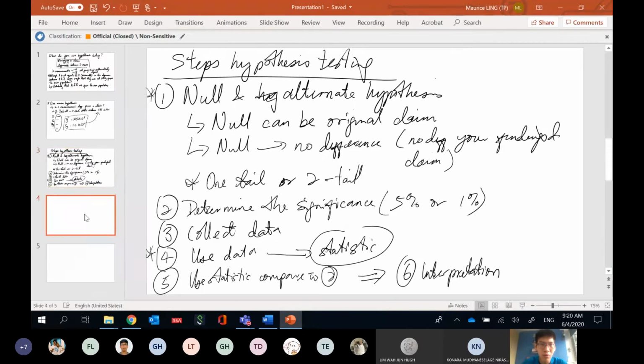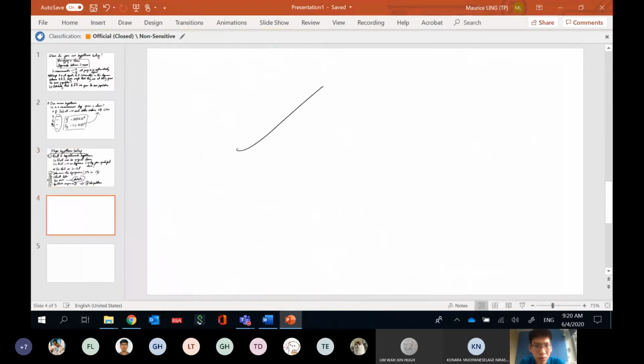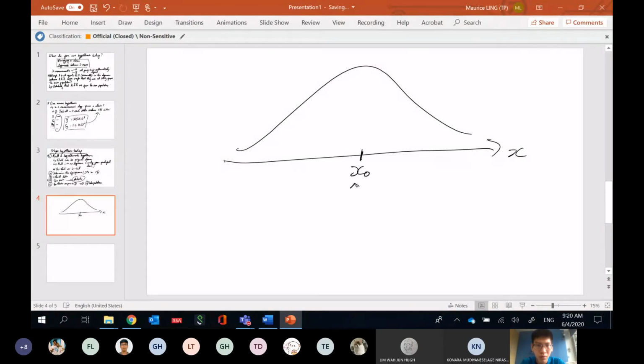So what it really means is, remember what we had last week, your normal distribution. Let's say this is the statistic that you want. This is a claim. The claim is x0. Then maybe we say the claim is the average height of students is 173 cm.